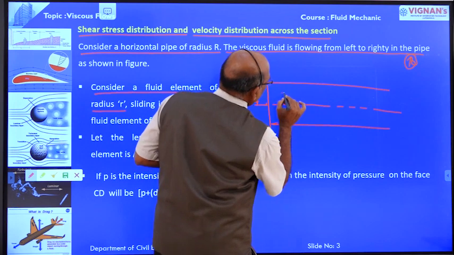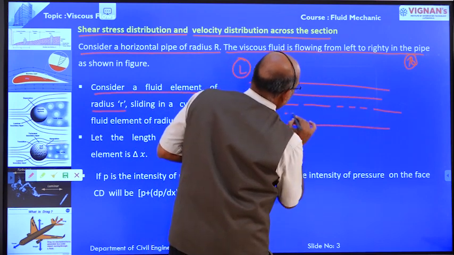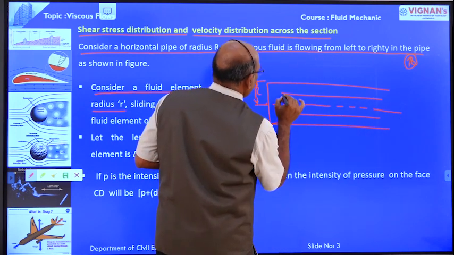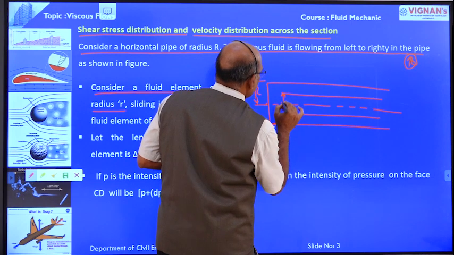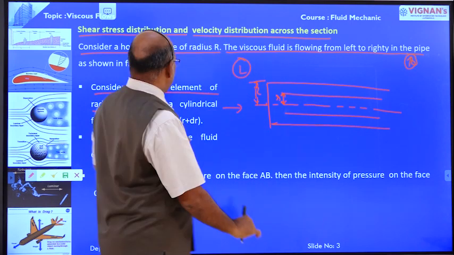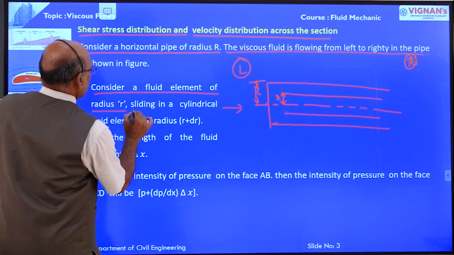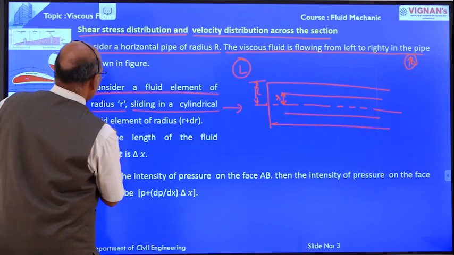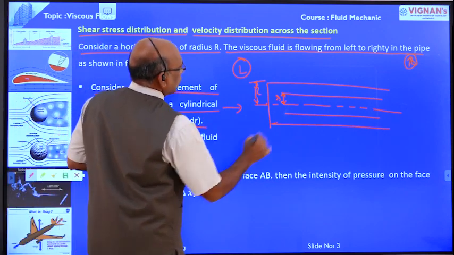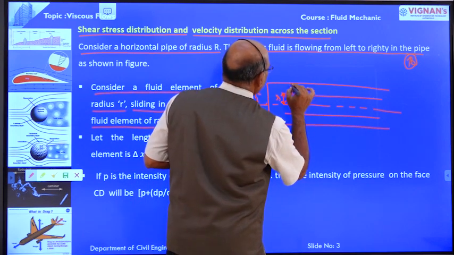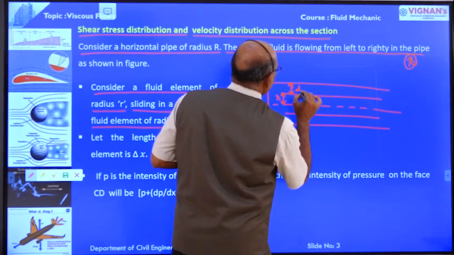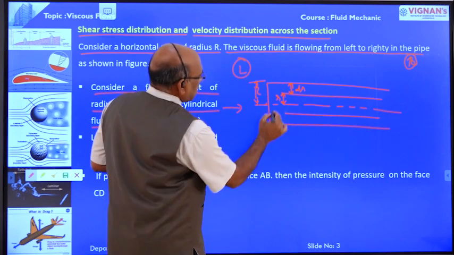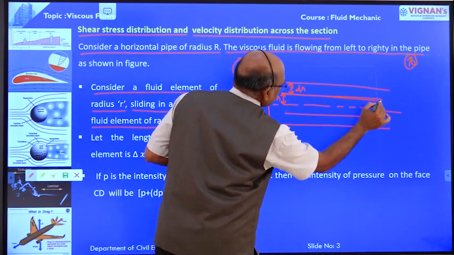Consider a fluid element of radius r sliding in a cylindrical fluid element of radius dr. This is the cylindrical element. The radius is dr, right?